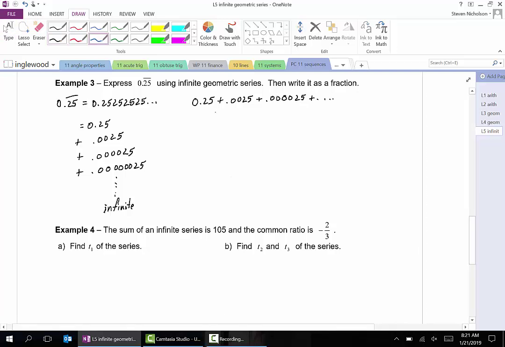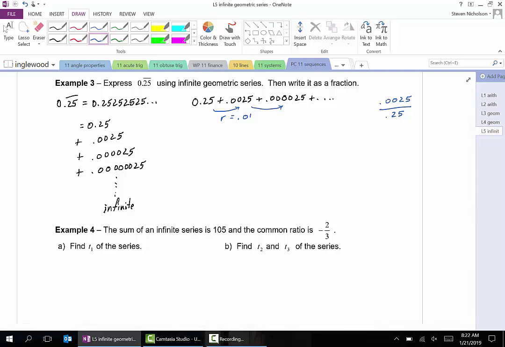And again, to go from one term to the other, we are multiplying by 0.01. If you want to see where the 0.01 comes from, we have this divided by this, and there's our 0.01.